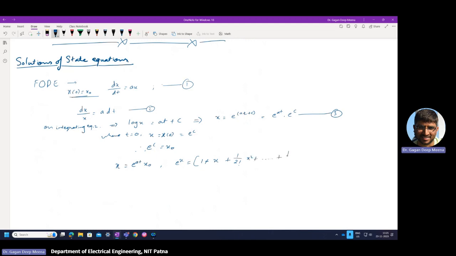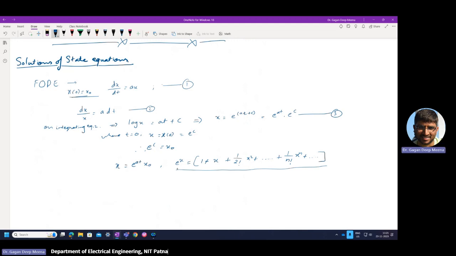The last term I can write as 1 by n factorial x to the power n. That's the nth term, and it can still go on. So it's a series of the exponential function, and we will use this information to further solve this equation.